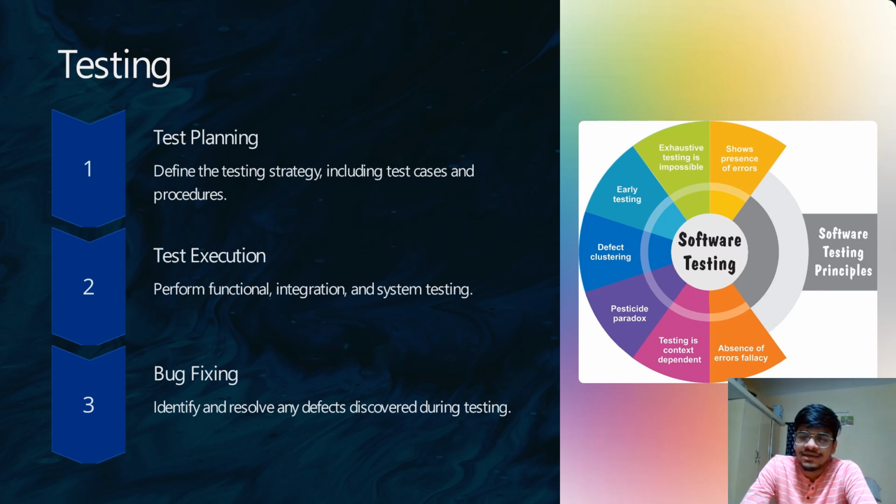On the right side, I have taken an image that shows the testing principles of software. It includes early testing, defect clustering, the pesticide paradox, testing is context dependent, the absence-of-errors fallacy, exhaustive testing is impossible, and testing shows the presence of errors.